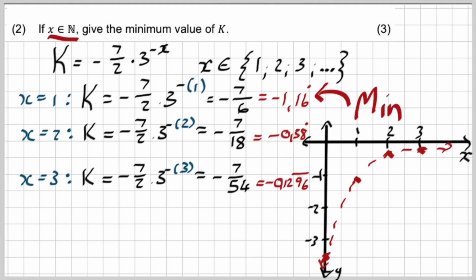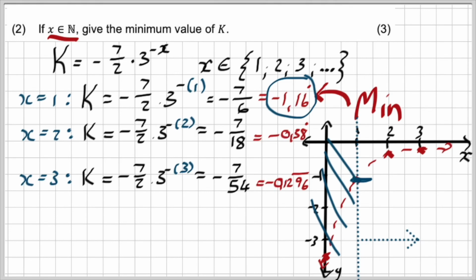And if I tell you that x only starts from 1 and goes in the positive direction, it means I can ignore all of those values there and only look from 1. So what is the lowest y value you get?